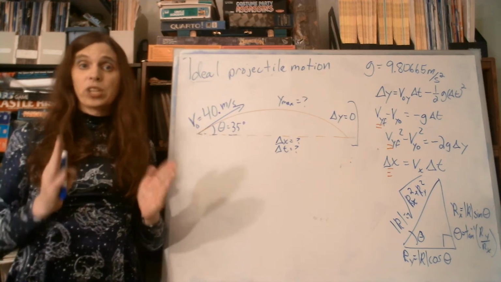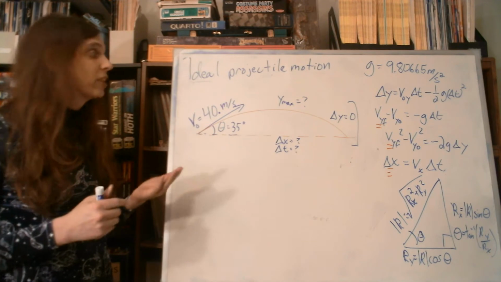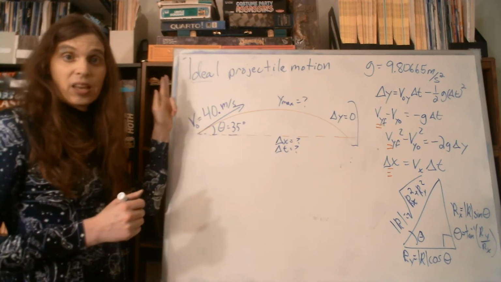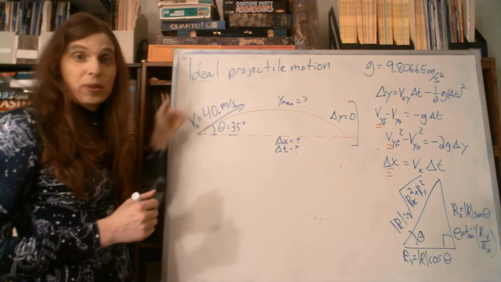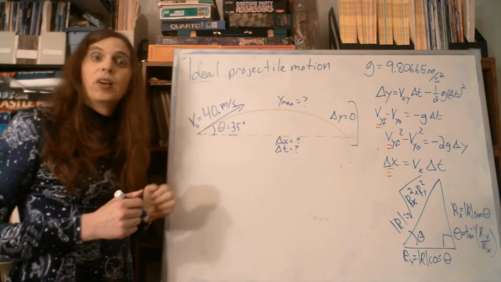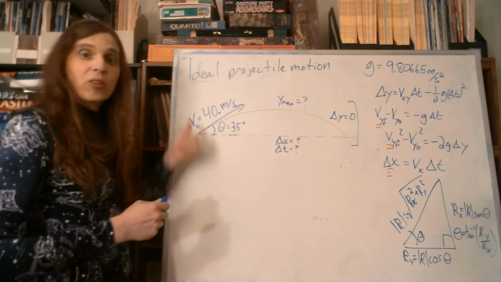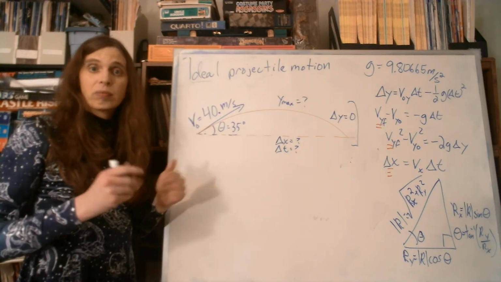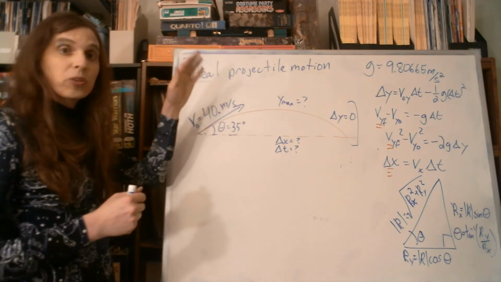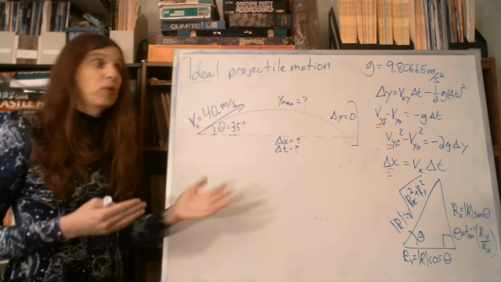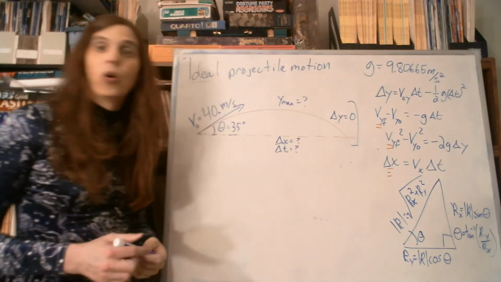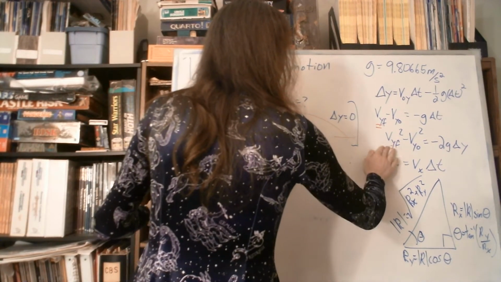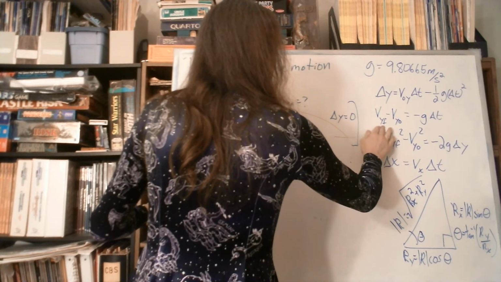With ideal projectile motion, vertical is positive up, horizontal is positive x, vertical is positive y, because that keeps our acceleration simple, and these equations hold true. Let me erase some of these holdovers from the previous question.